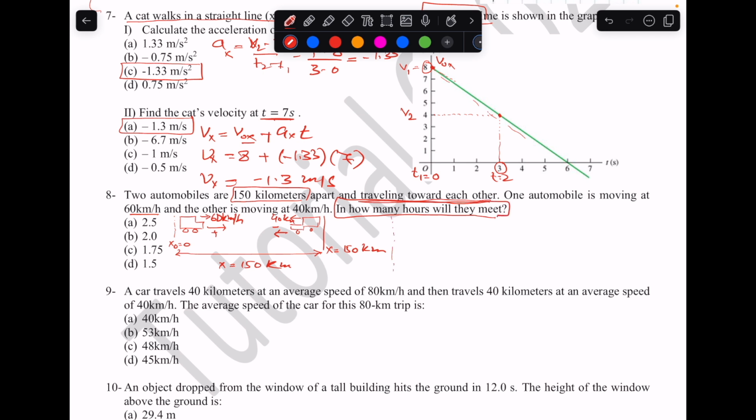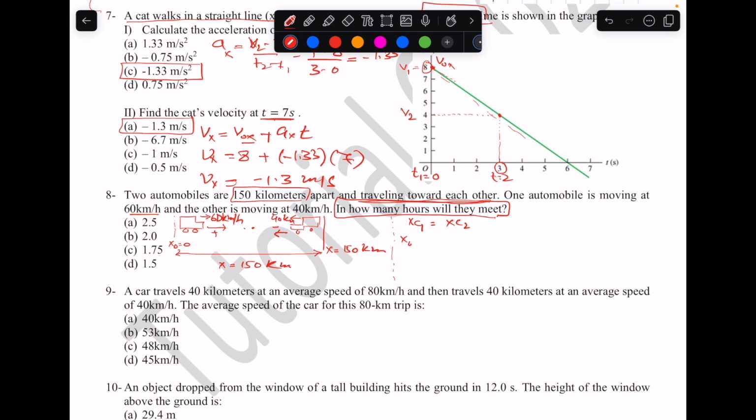So when they meet each other at some point, it means their distance from that point will be equal, or they meet at a certain point when they have the equal distance. So your x for car C1 will be equal to x for car C2. Okay, so what is your x equation?